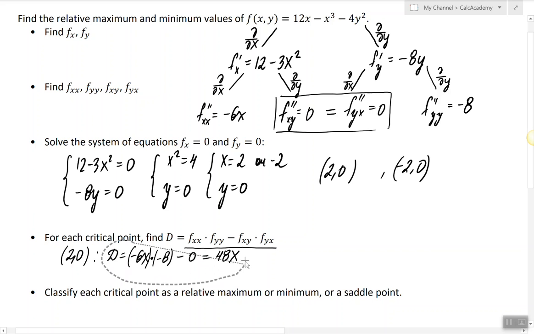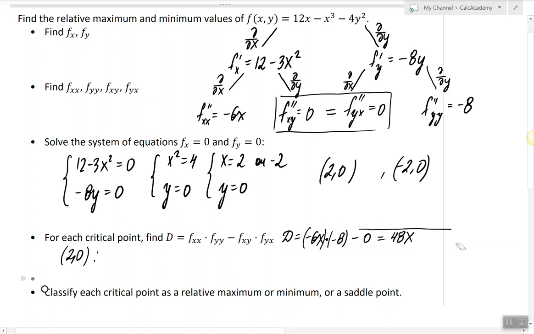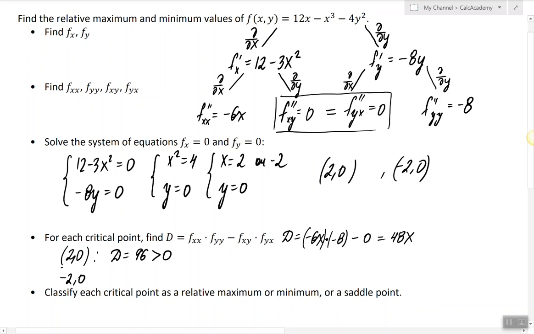That's what it is in general. And when the point is (2, 0), D will be equal to 96, which is positive. And when the point is (negative 2, 0), D will be equal to negative 96, which is negative.